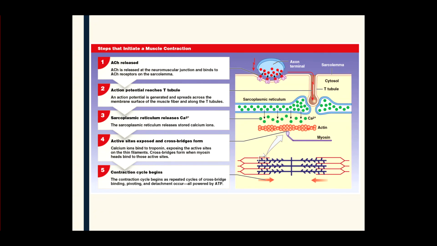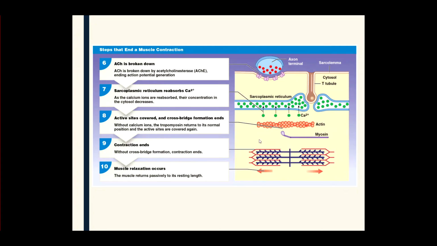What happens in reverse is that once the nervous system stops firing, notice, there is no more acetylcholine in the synapse, because the acetylcholinesterase broke it down. No more electrical signal here. No more electrical signal going down the T-tubule. That means calcium is not going to be released anymore. Instead, calcium is going to move back into the SR to be stored.